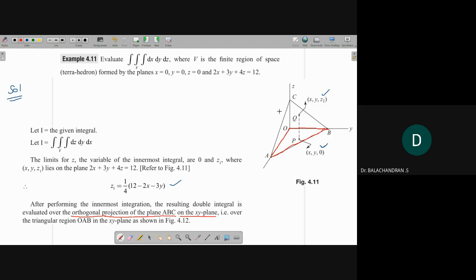Here we are projecting the plane ABC in the xy plane, and if you project, you will get only this portion, that is OAB.